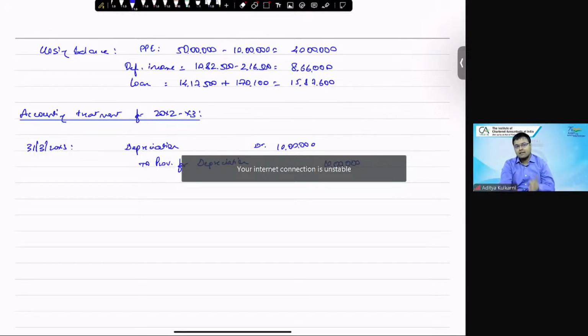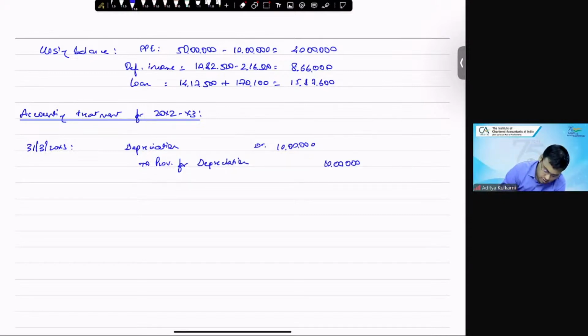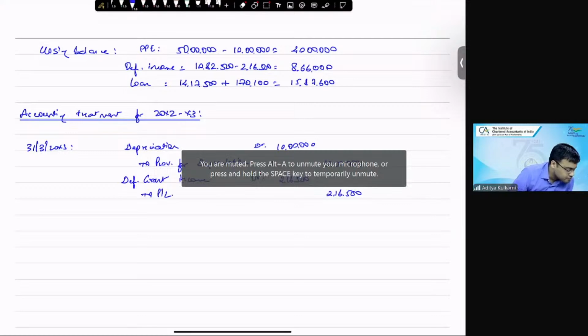Yes, I can recognize one more year of income. So that will come: deferred grant income debit to P&L 2,16,500. Am I okay with this? Yes, sir.